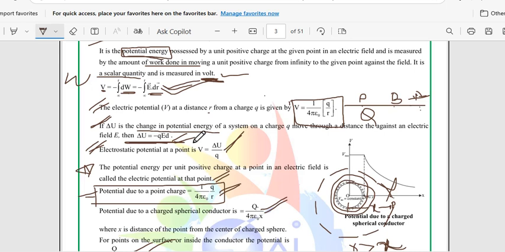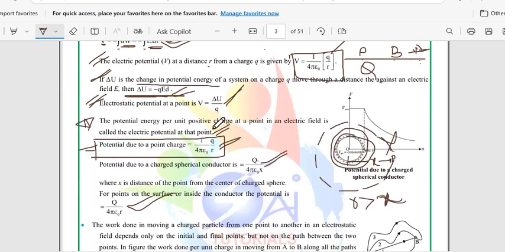The electric potential V at a distance r from a charge q, how it will be derived, I have told you. And what is the change in potential energy, and what is the formula. Electric potential at a point V is the potential energy per unit positive charge at a point in an electric field, called the electric potential at that point.